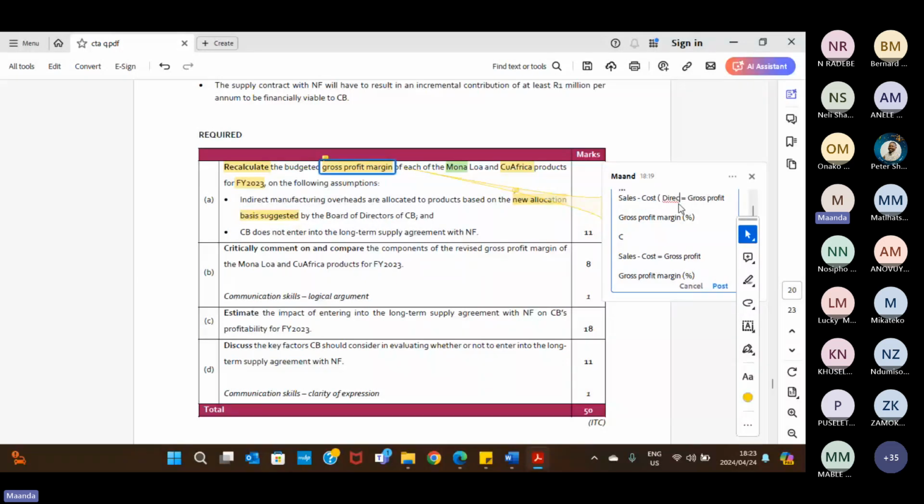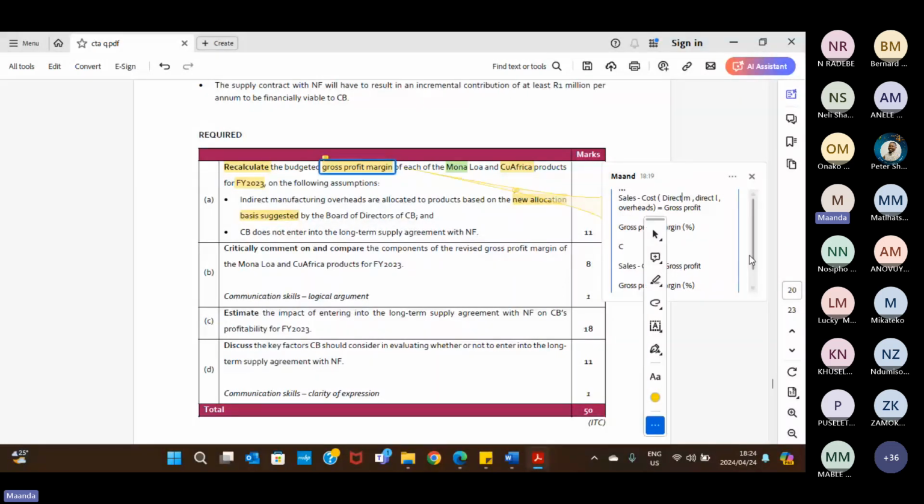It's going to be divided into direct labor, and I have to allocate my overheads again, right? So I don't do overheads only, because then you're losing the marks for the direct material and direct labor. Same as this, that's going to apply, right? How do I take this thing out here? That's the same thing that's going to apply.